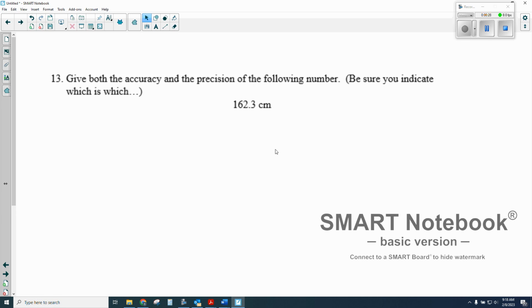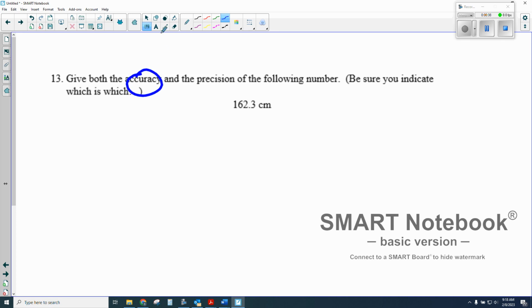One thing that's discussed in chapter 5, I think, was accuracy and precision. Remember that accuracy is the number of significant digits a number has, and the precision has to do with the place value.